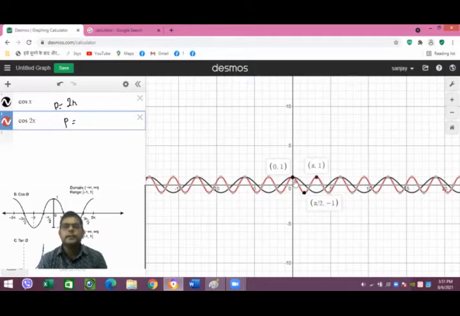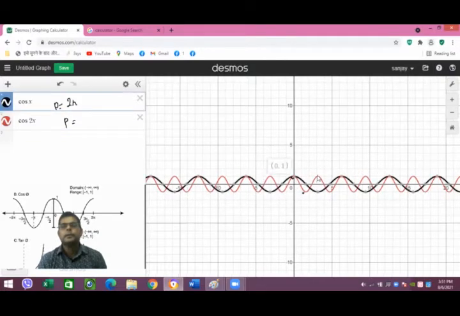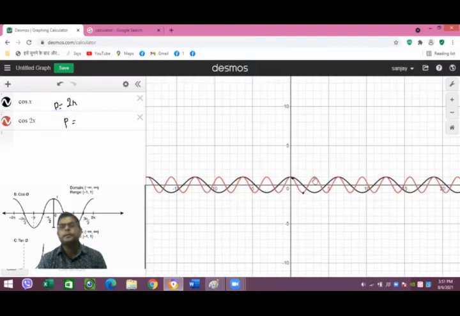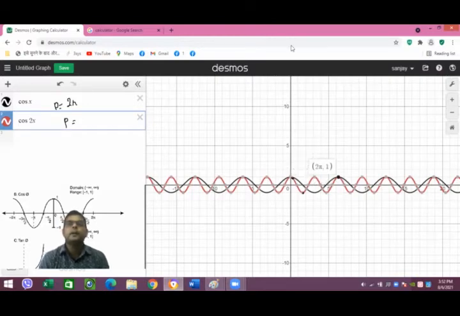So from here to here it makes the half circle, and then from here to here it completes the circle. So the period for cos 2x is now reduced to pi. That means one maximum to another maximum, this distance will be the period. Similarly, this distance is pi and this is 2 pi, so 2 pi minus pi is pi again. So the period for this graph is now pi.